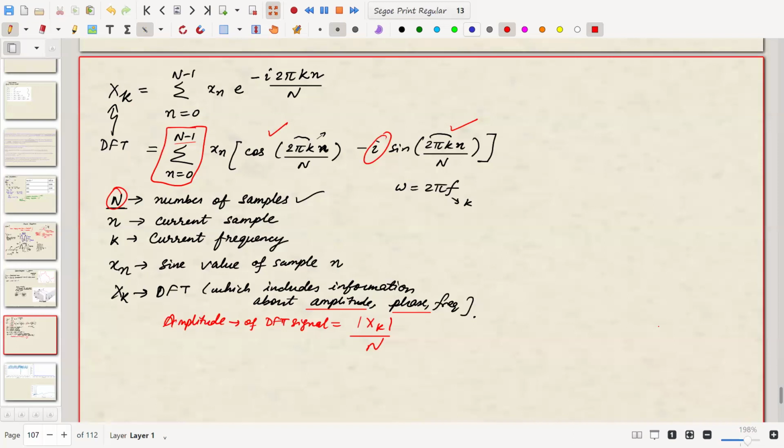And what is the phase of the final signal? It is tan inverse of y by x. I think you know this formula, theta equals tan inverse of y by x, isn't it? It's just the same. Xk has a real part and an imaginary part. So how will you find the angle?